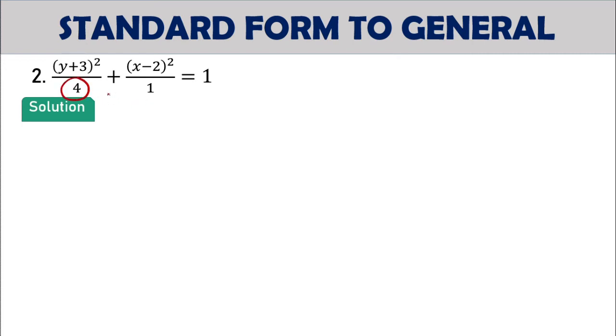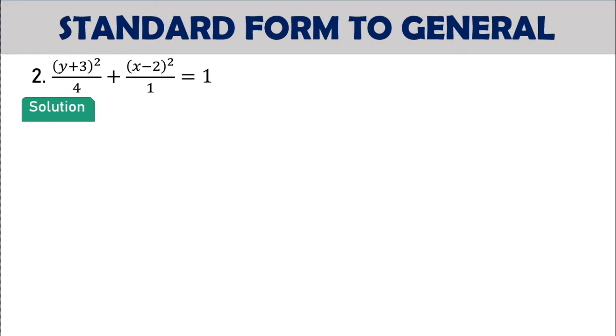Mas malaki yung denominator, pero makikita natin na y plus 3 squared siya. Okay, so pag interchange natin, vertical pa rin yung major axis niya. So take note of this. Nag-interchange yung placement ng x tsaka yung y.